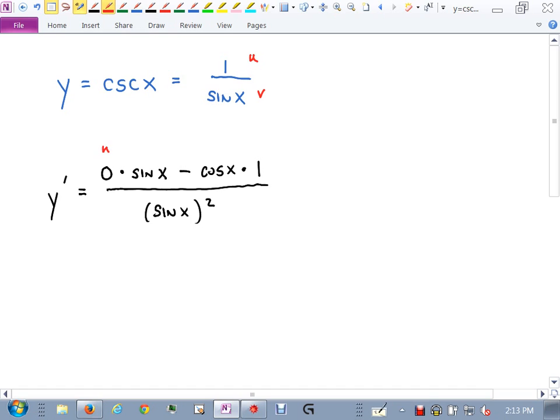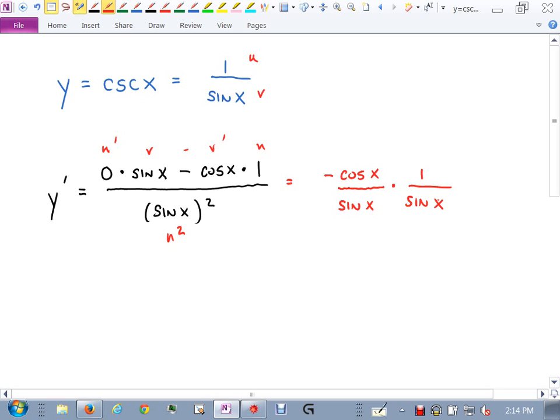Do y'all see this or not? This is u prime v minus v prime u all over v squared. Do y'all see it? The top is just what? Negative cosine x, right? And then the bottom is what? Sine squared. So how about if I wrote it like this? Since it's sine squared, I could peel off one of them like this. And this is negative. Cosine over sine is the reciprocal of tangent.